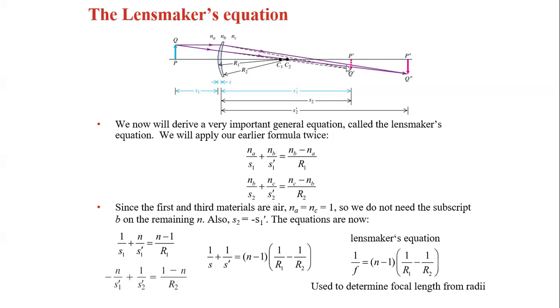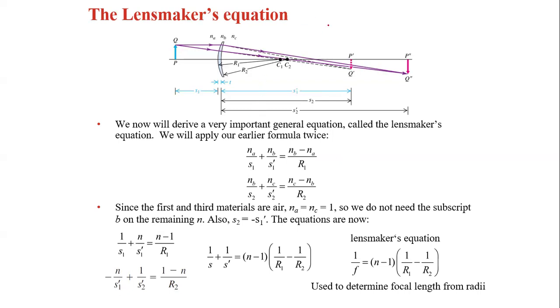Because of the second surface, this produces an image Q double prime. So this image of the first surface will be the object for the second image. What do we get from here?